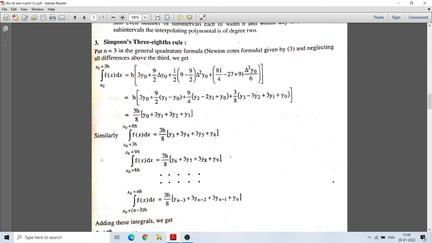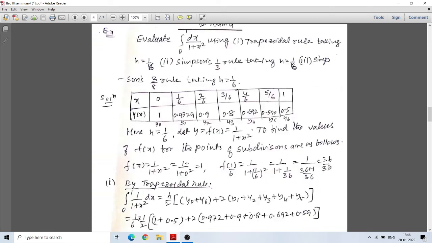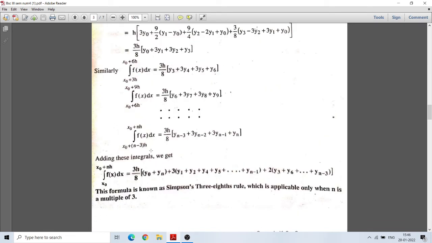Adding all these integrals, finally we get the integral over the limit x0 to x0 plus nh, f of x dx, equal to 3h by 8, y0 plus yn. Then how to write? First you write these terms, 3h by 8, y0 plus 3y1 plus 3y2 plus y3.